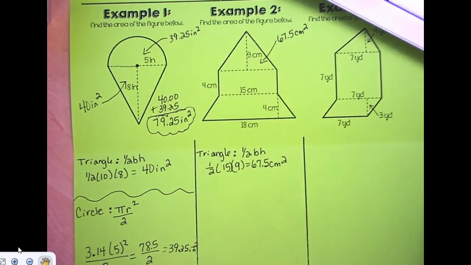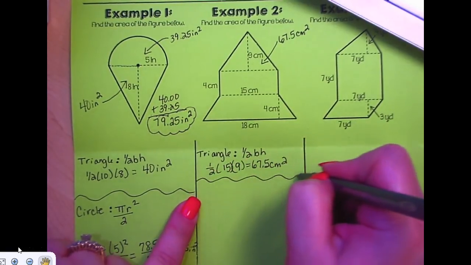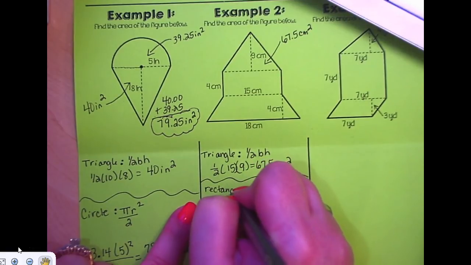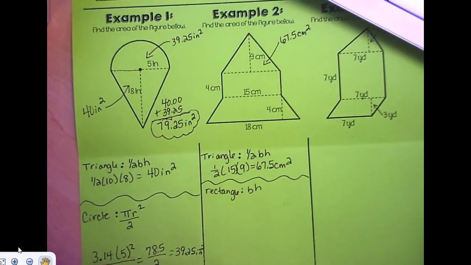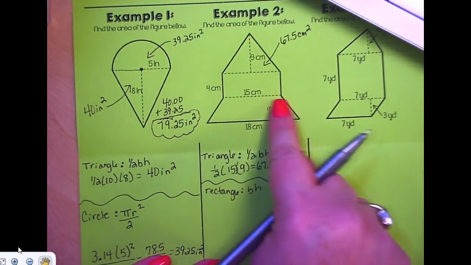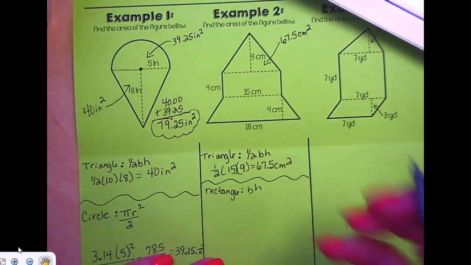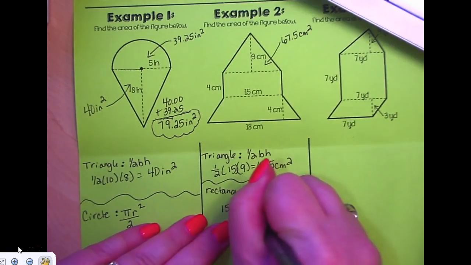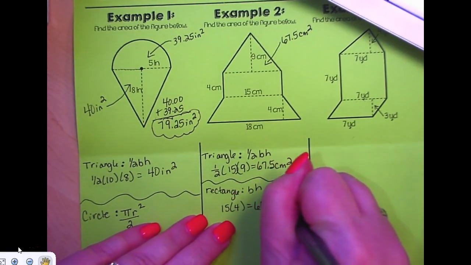Now we have what? The rectangle. And that's just base times height. So the base of the rectangle is 15 and the height is 4. 15 times 4. And we get 60 centimeters squared.